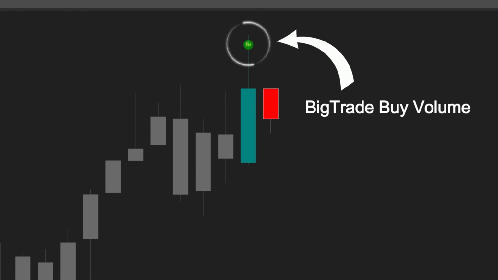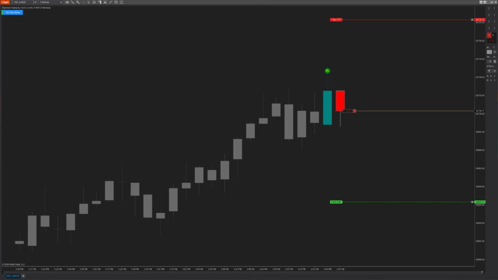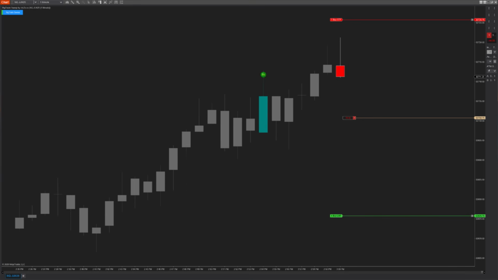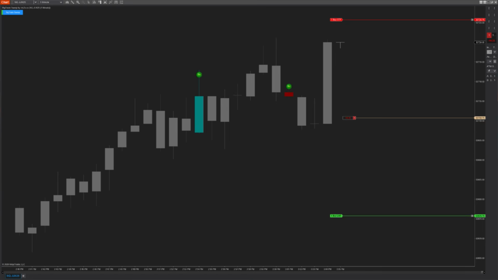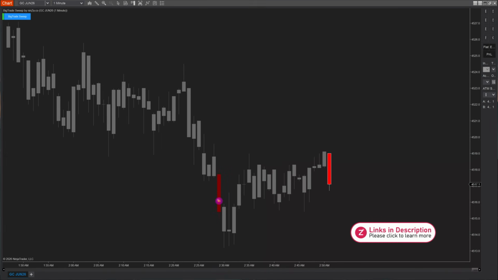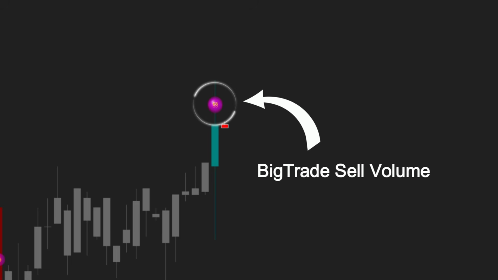The next time it happens, you decide to do the opposite. Instead of buying, you sell against the big trade. And that trade fails too. The same thing happens on the sell side. A large big trade sell appears. You follow the selling pressure.